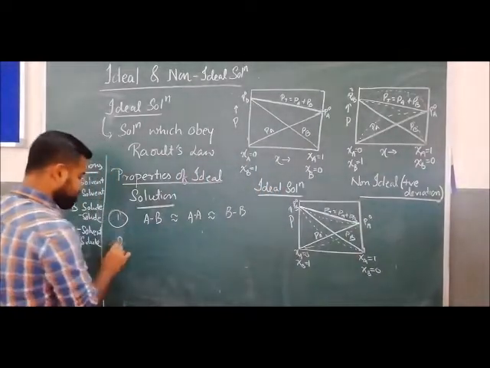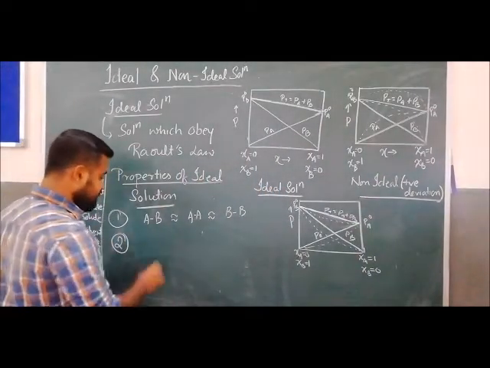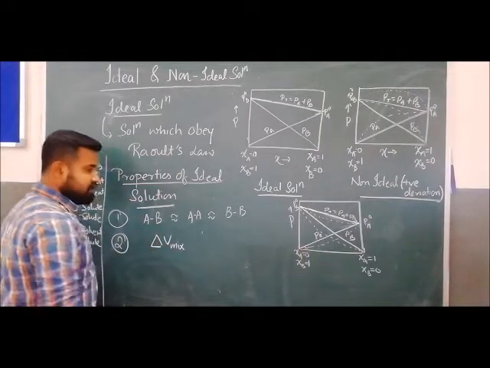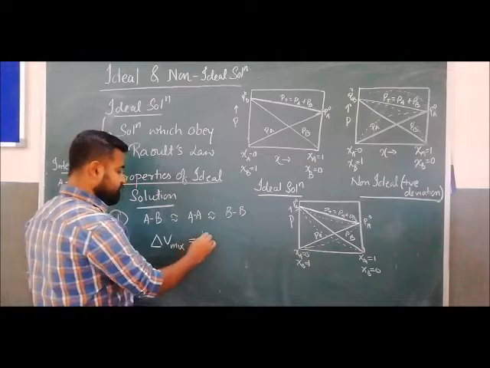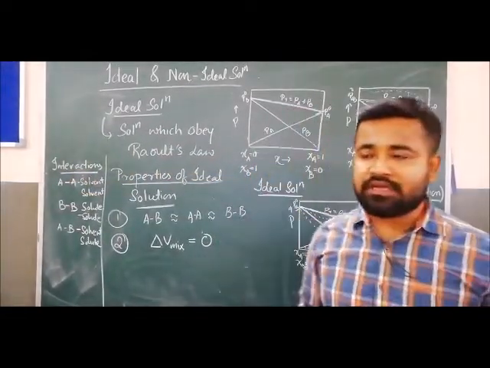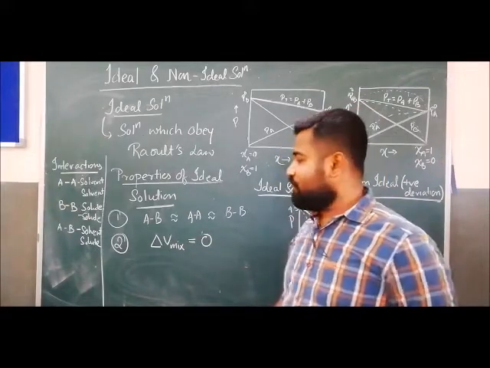Second property is delta V mixing. What is delta V mixing? I am telling you, delta V mixing must be equal to 0. What does it mean?